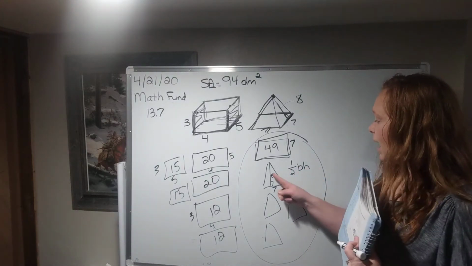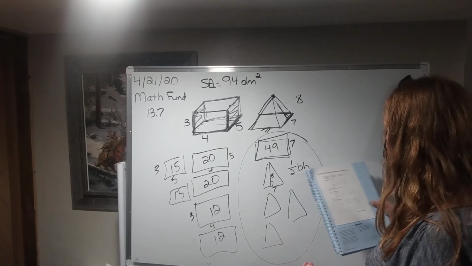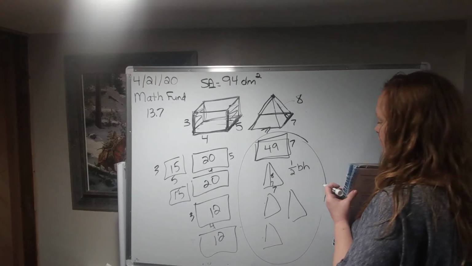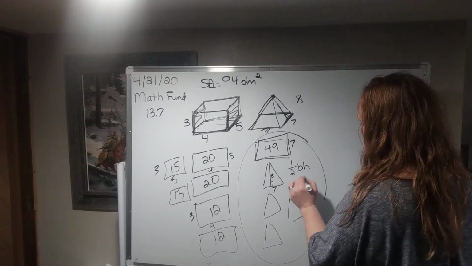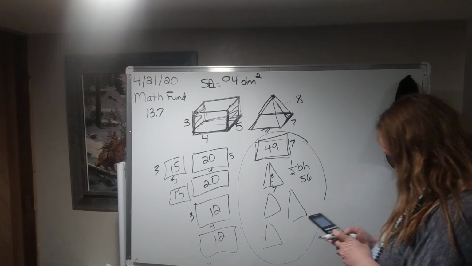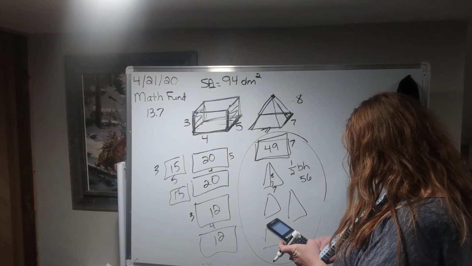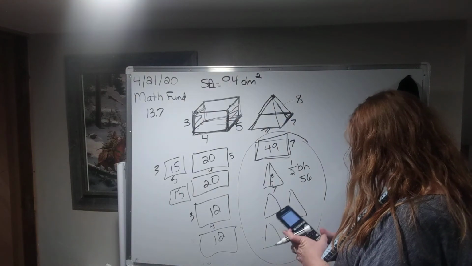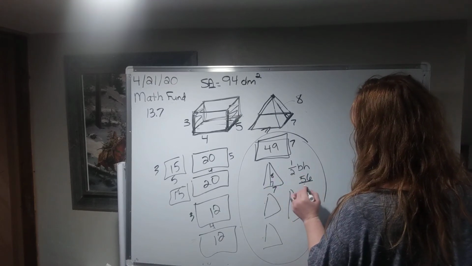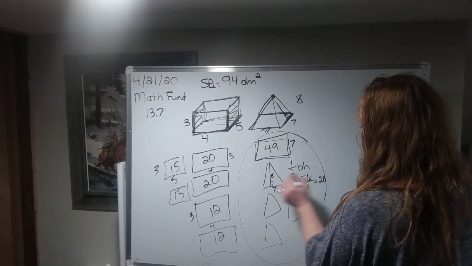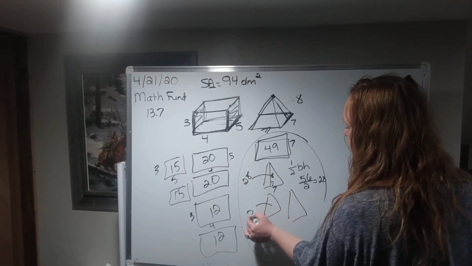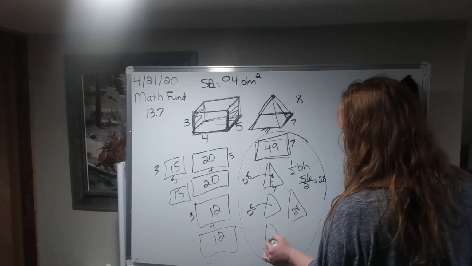Okay, so what's 7 times 8? 56 divided by 2, so 28. So the area of this triangle is 28, which makes this one 28, 28, 28.